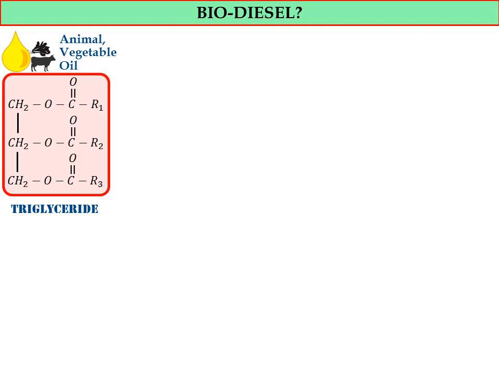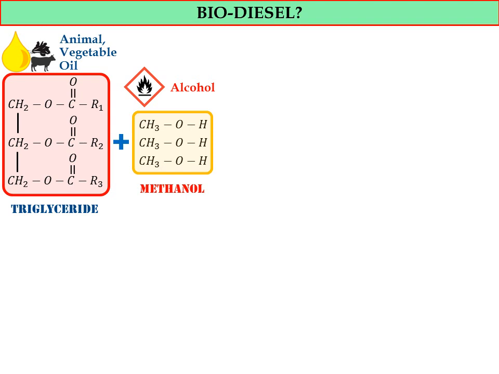Okay, now we want to know what biodiesel fuel is. Biodiesel fuel actually comes from animal or vegetable oil, which we normally call triglyceride. This is the chemical equation of the triglyceride plus the alcohol, normally methanol.